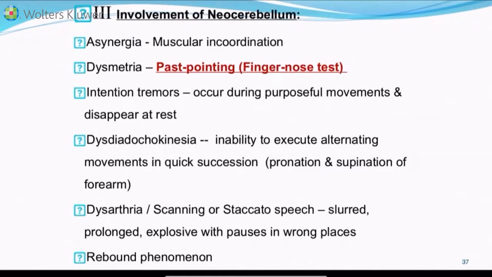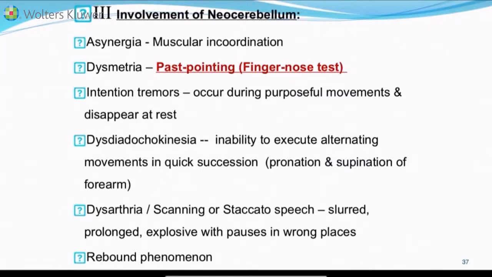Dysdiadochokinesia, inability to execute alternating movements in quick succession. Pronation, supination of the forearm. Now when we go and sit in a musical concert or in a dance concert, in a musical concert we all take our palm and keep it on our thigh and keep the thalam. So we will be doing supination, pronation along with the music that we are listening to, in sync with the music.